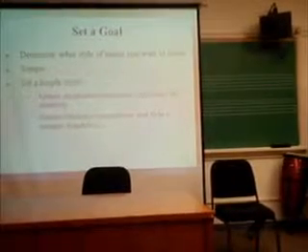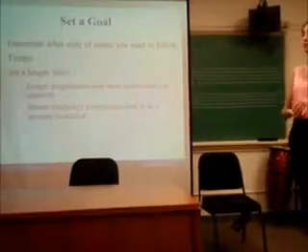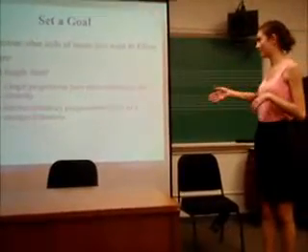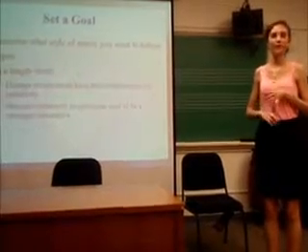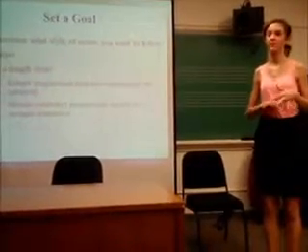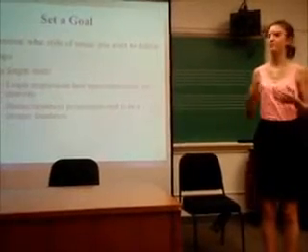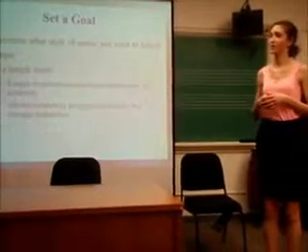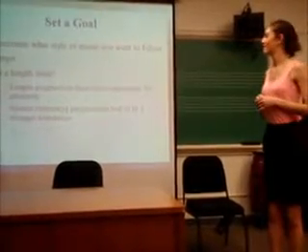So when you're given a monophonic melody line, you basically want to set a goal. So this is basically how you do that. You determine what style of music you want to follow, whether it's reggae, jazz, pop music, classical, and then you want to set a tempo and also a length limit, so you don't just keep building chords and it never ends.